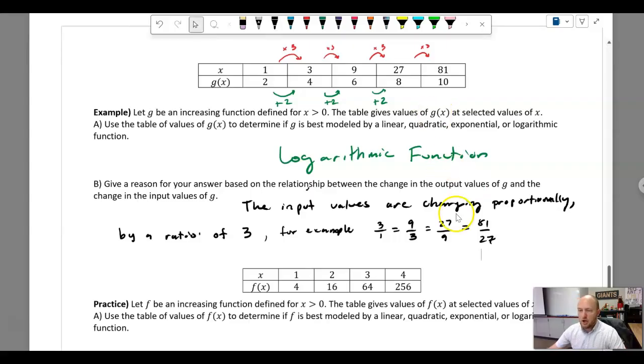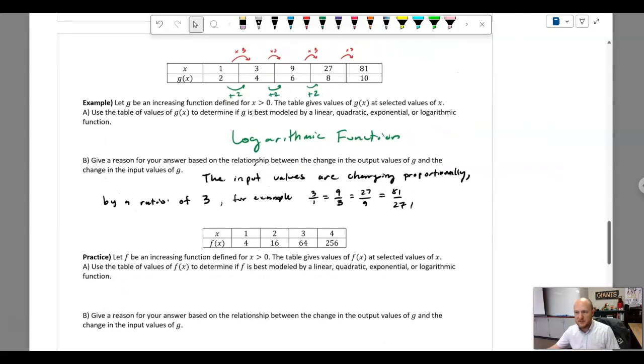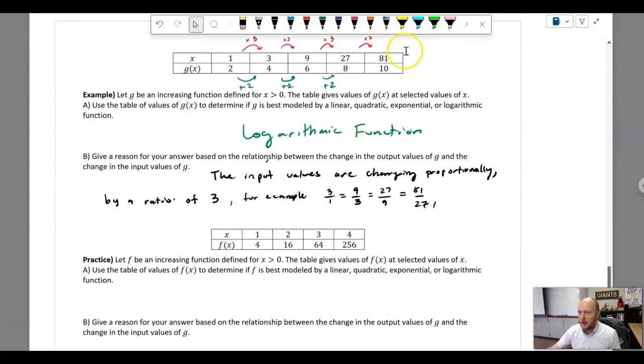Okay, College Board has asked for an example of this pattern, so they want you to refer to the values, and so I'm showing that there is a continuous ratio here of 3. Okay, and I just put that in. I know it's a pain, but it's pretty easy, and that just shows that all my ratios are 3. And then now I'm going to talk about my output values.